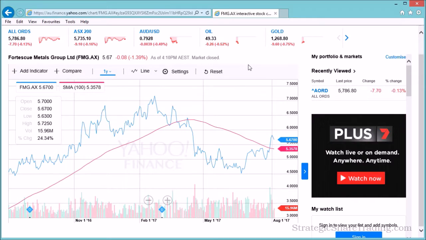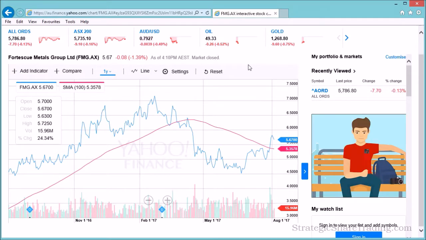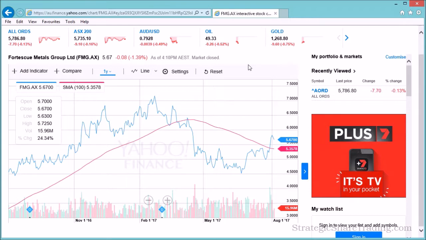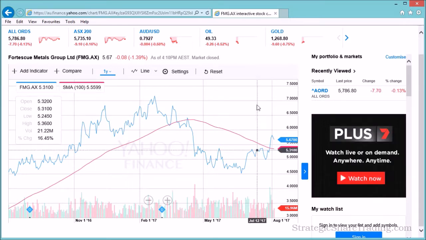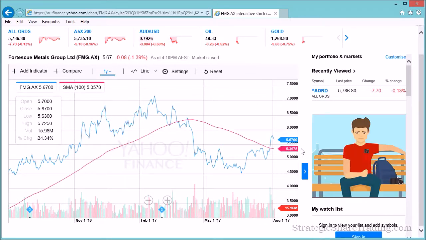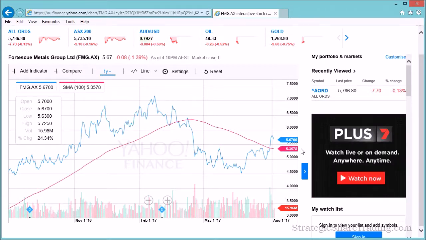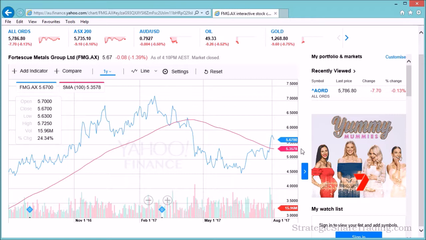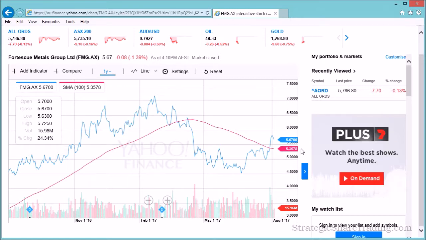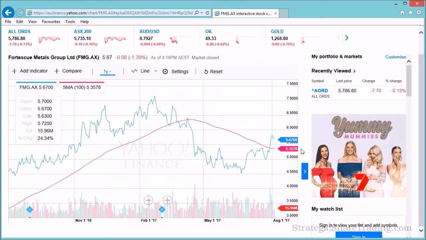Alright, so what this does is averages out the closing price of the share over the past 100 days. You can see on the right here, it's currently 5.3578, which means that if you added up all the closing prices for the past 100 days on this chart and divided by 100, that would be the average.